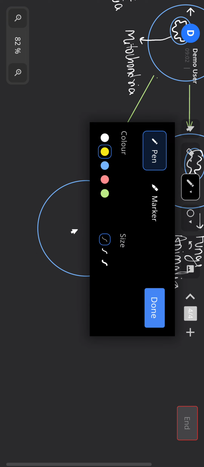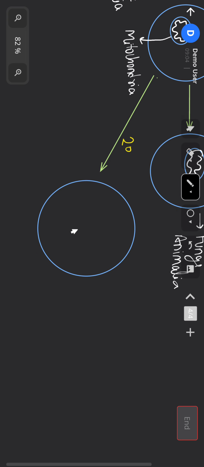And in this case, a cyanobacterium, in the same way, either invaginated the proto-eukaryote, or the proto-eukaryote itself engulfed this bacterium. This is a cyanobacterium.